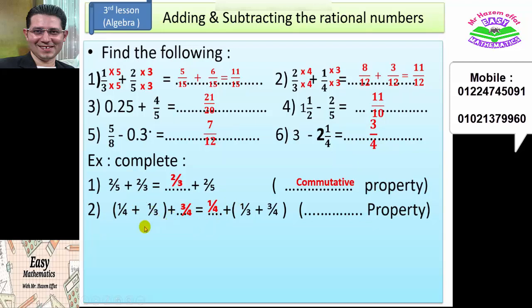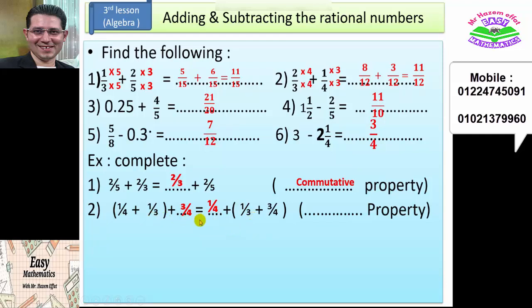What's the name of this property when we have brackets? That means we can't add all of them at first. When we add 3 fractions, we can add the first 2 fractions and add the result to the third one. Or, on the other side, we can add the last 2 values and add the first one to the result. Both of them have the same result.